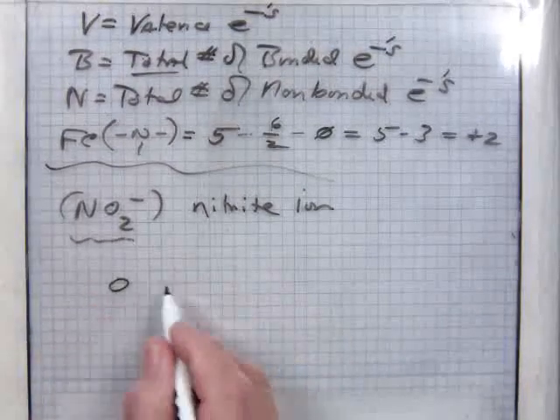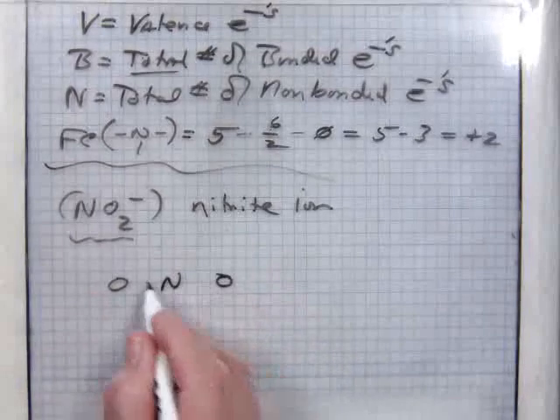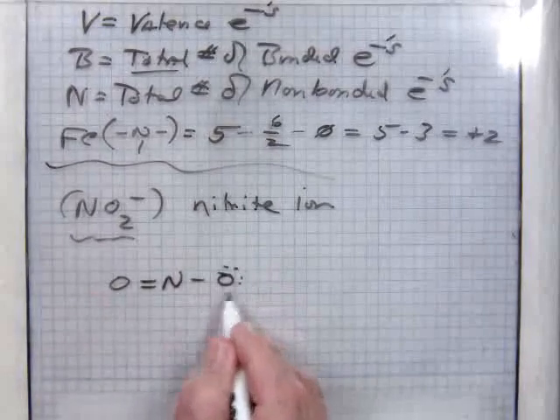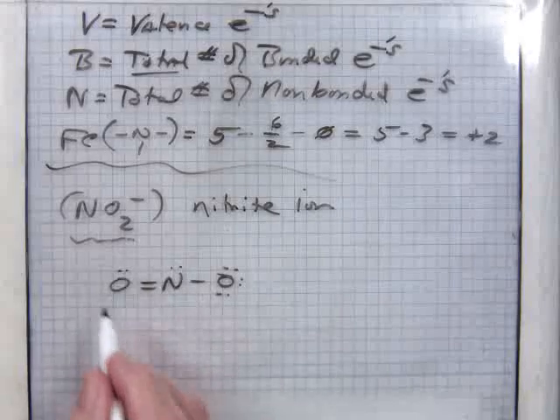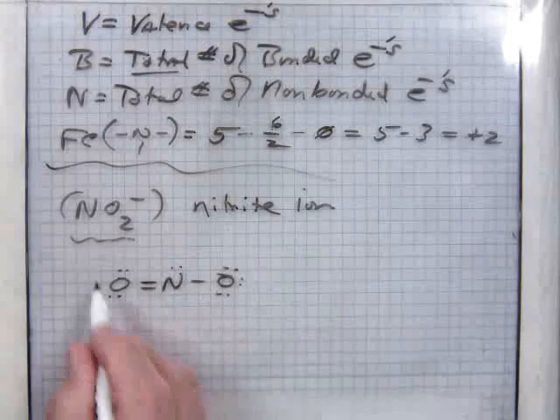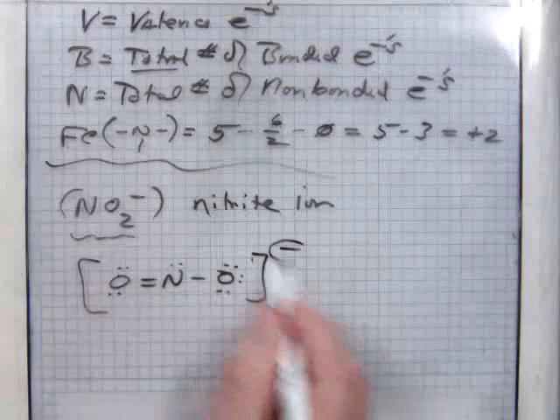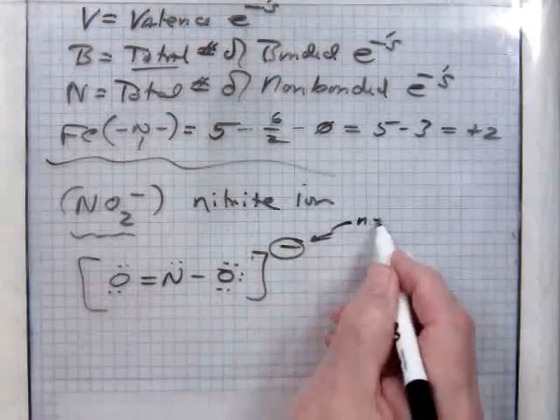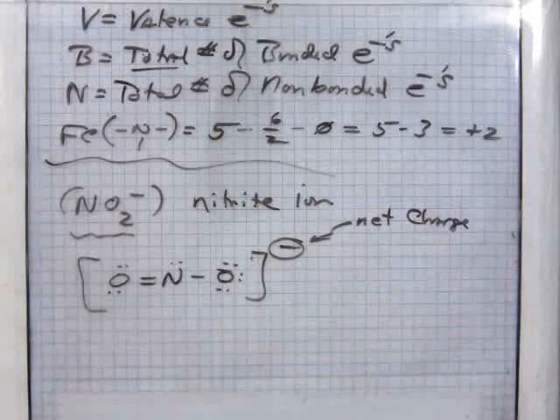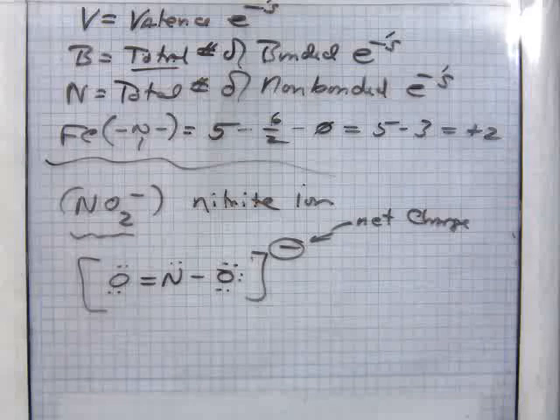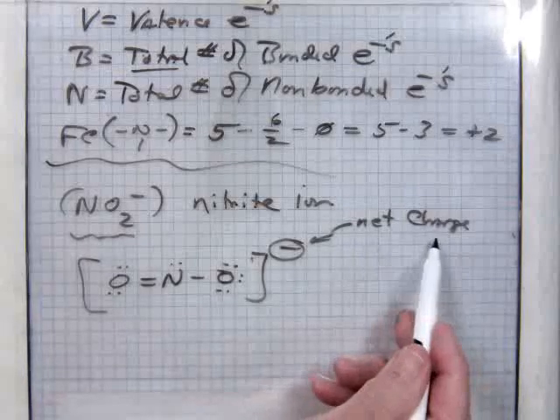We'll come out with oxygen, nitrogen, oxygen. And this is your net charge. Now, what I want to calculate or show you here is the formal charge on each element in here, and then when you add up all the formal charges, you get this net charge in here.